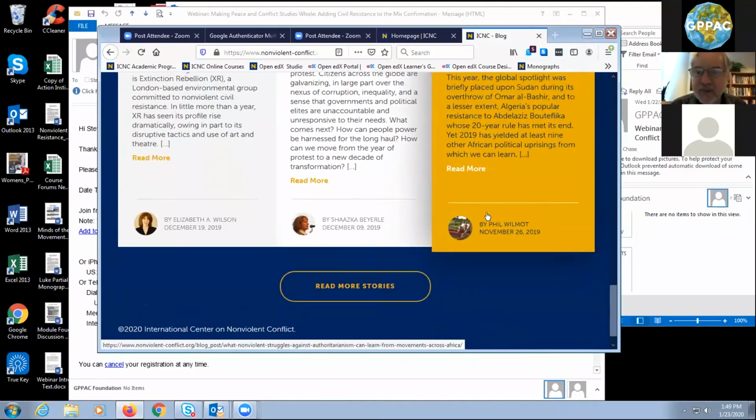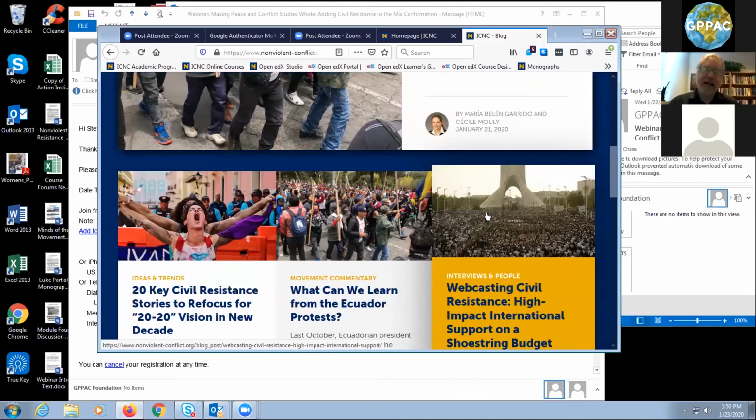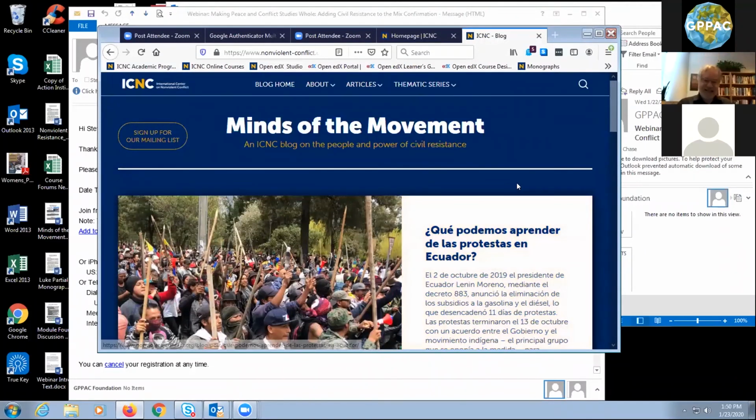And this is so important, really analyzing them for theoretical insight and practical strategic lessons. We really try to balance the needs of academics and activists, as well as people who try to play both roles in their life.